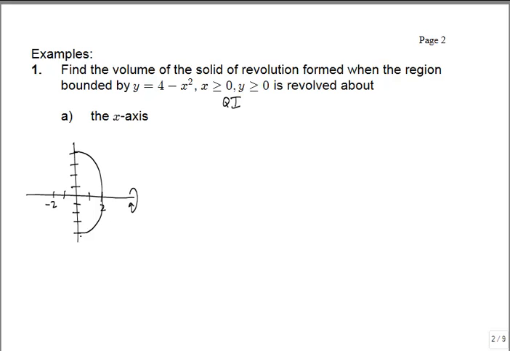The next thing I recommend doing is drawing in your cross-sectional disk. Because our axis of revolution is the x-axis, which is horizontal, my disk should go vertical. It should always go the opposite or the perpendicular direction. So I want to draw in a disk that is vertical, just like this. And I like to give it a little bit of thickness to represent that disk shape.